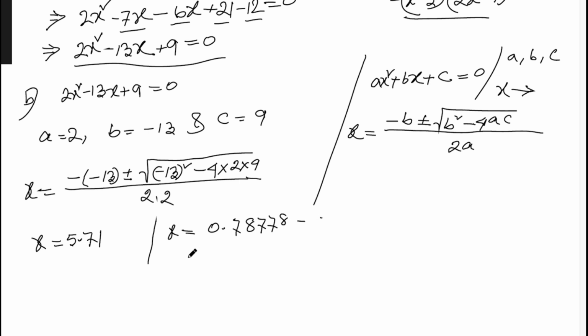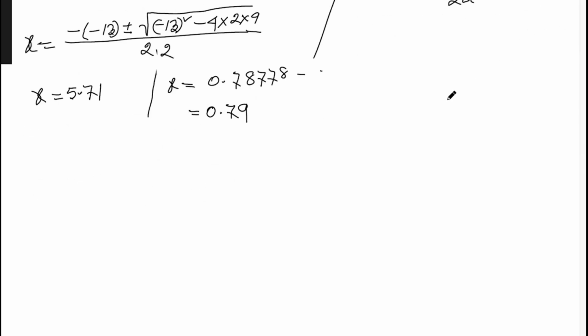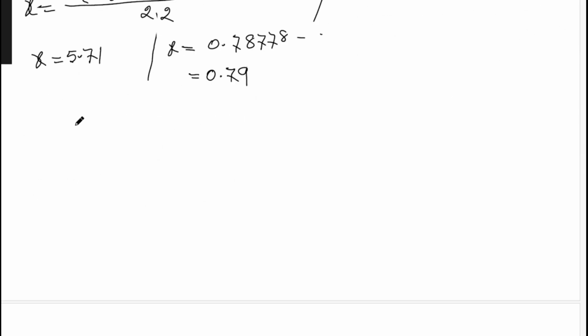If we round up this number, we will get 0.79. Now the second part of the question asks that we need to find out the length AB, which is x minus 3. So we can get the value of AB after putting in the value of x.